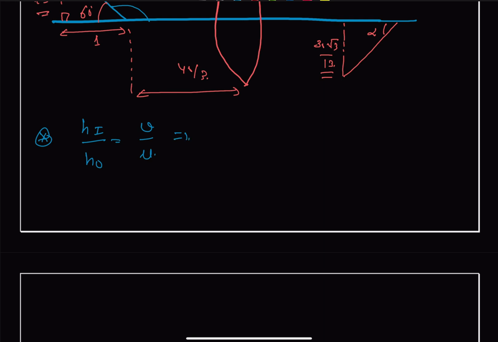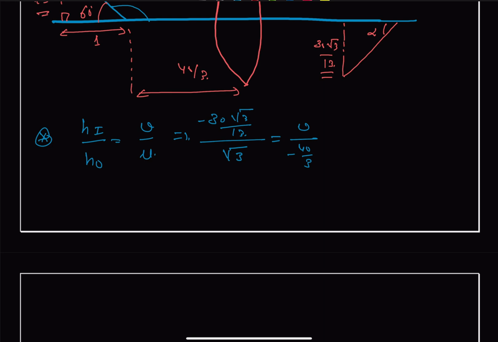Therefore we substitute the height of the image, which is minus because it is below the principal axis, root 3 divided by 13, and the object height is root 3, which will be equal to v upon u, and u is given to us as 40 by 3, which will be negative.